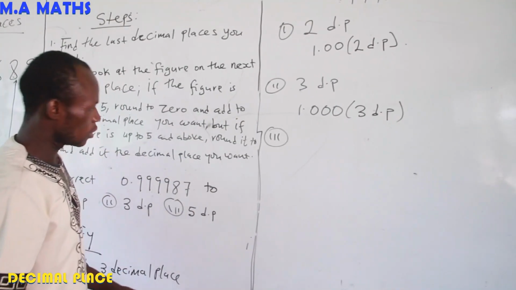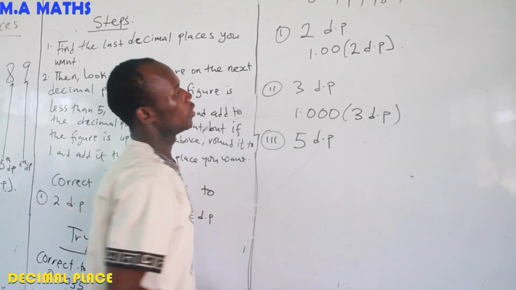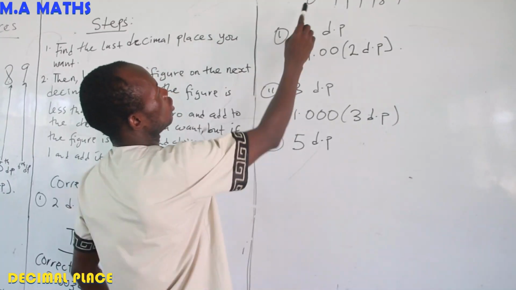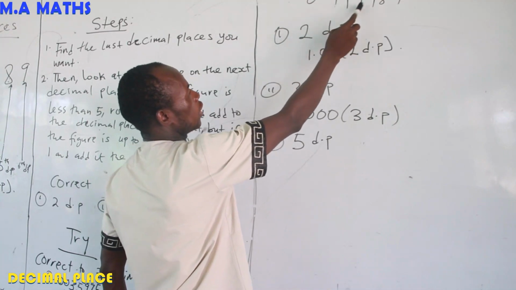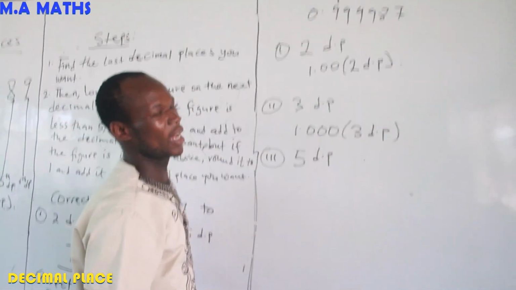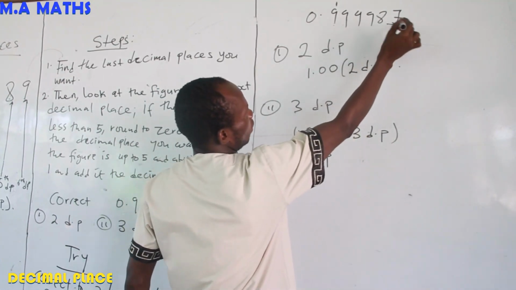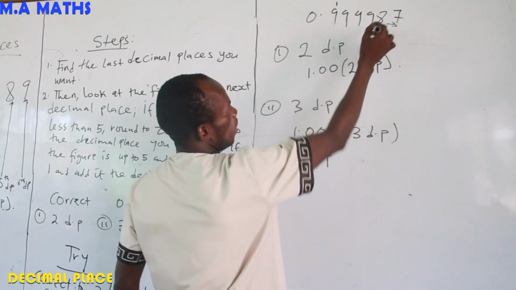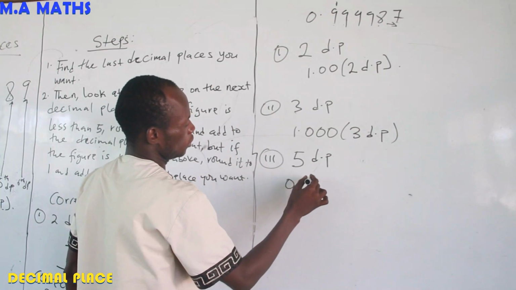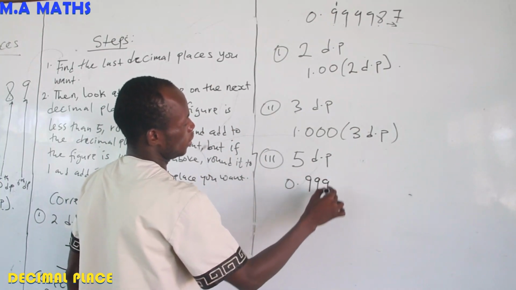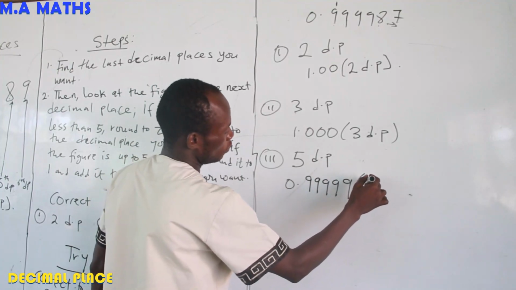The last one is 5 decimal places. After the decimal point, we start counting 1, 2, 3, 4, 5. We stop at the 8. But the next number to our right is 7. We round it to 1, add it to the 8, making it 9. So that will give us 0.99999, and this is 5 decimal places.